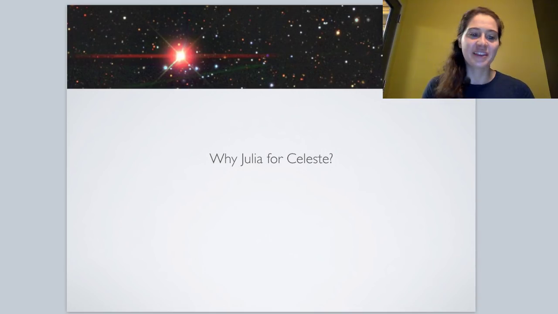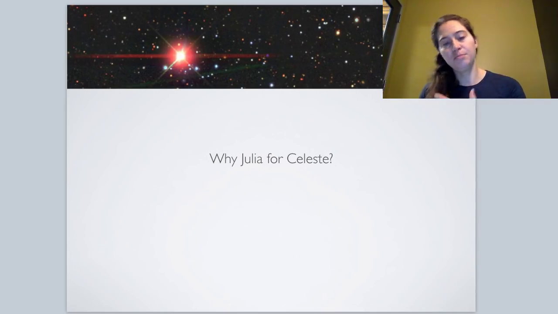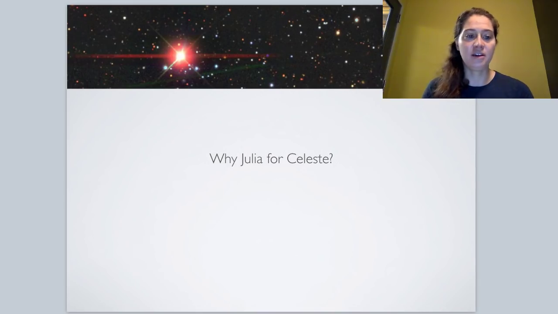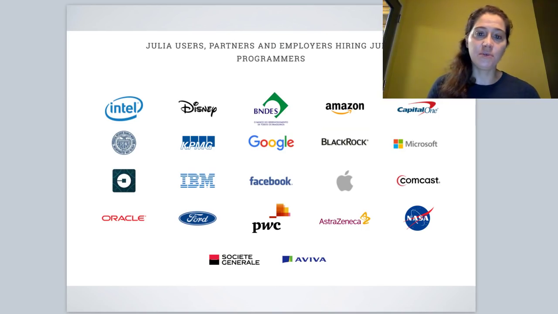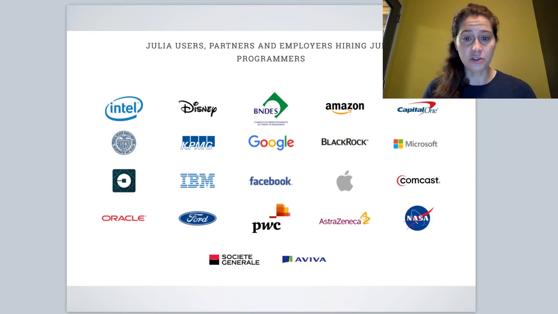And so beyond the Celeste research team, which was composed of both industry and academic partners, we're starting to see Julia uptake across industry as well. On this slide I have some industrial partners that are either hiring Julia programmers or have Julia programmers at their institutions.